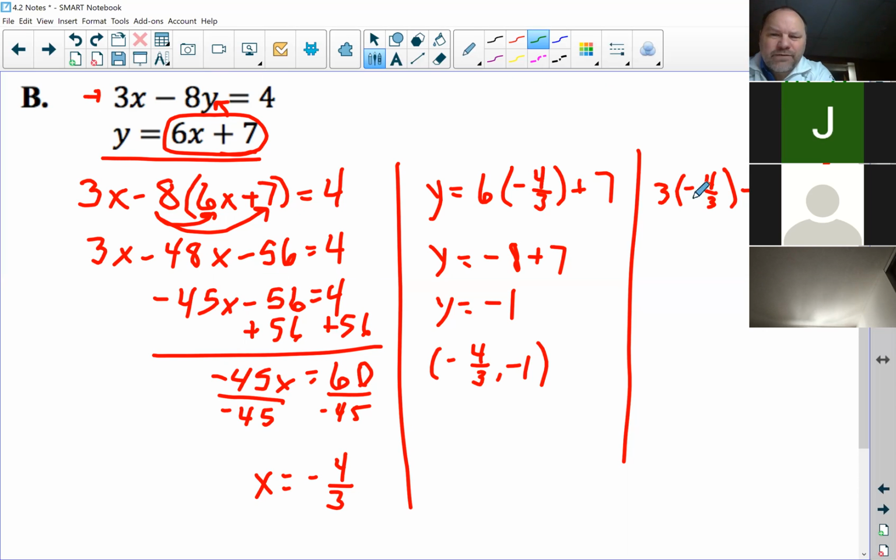Because my whole number and my denominator are the same, they cancel each other out. -8 times -1 is +8. So I get 4 equals 4, and it checks out.